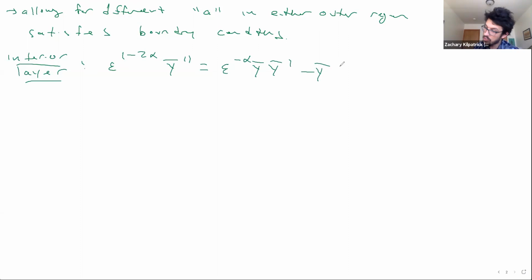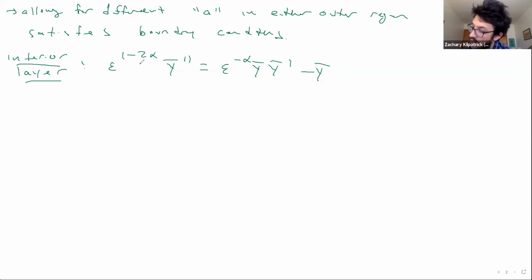Okay. So in this case, the way I get the distinguishing limit, I could take alpha equals 0, but then I'd be back to square 1. That would match up these two terms. If I just wanted to match this term and this term, I could take alpha equals a half, but then I would just have one term here that would actually be my leading order term, epsilon to the minus 1 half.